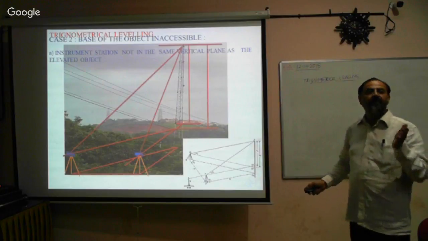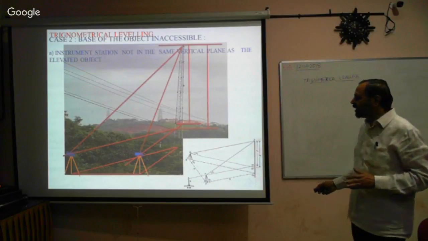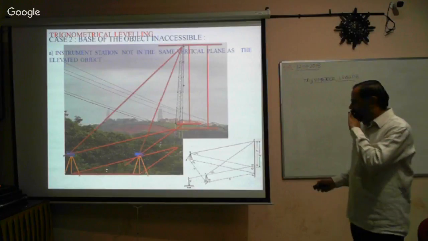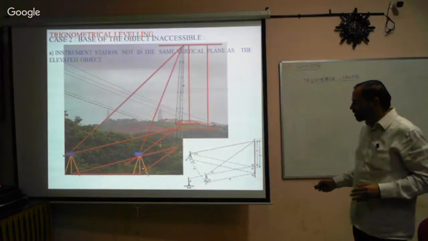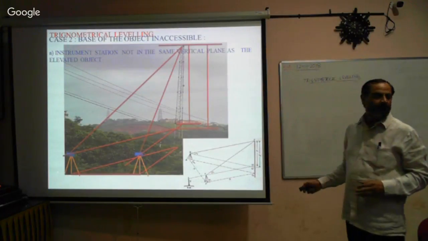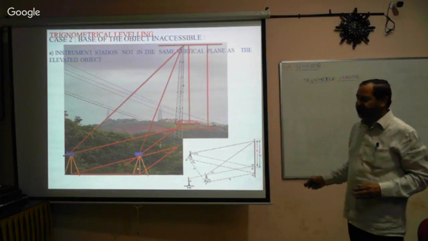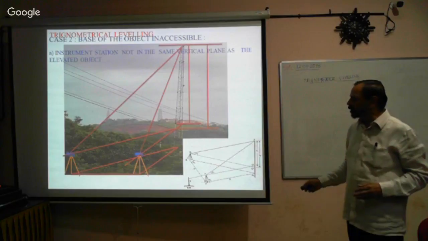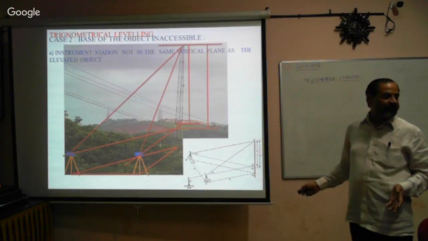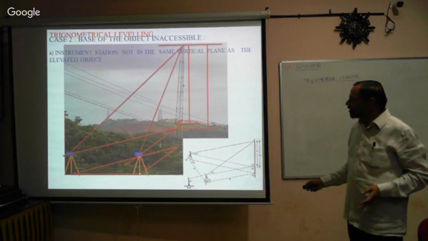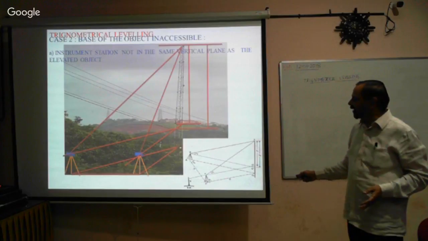Understood? Now, considering this triangle of the object, station 1 and station 2, solve the triangle. The distance between the two instrument stations is known. Solve the triangle from instrument station A to the object and find the distance.